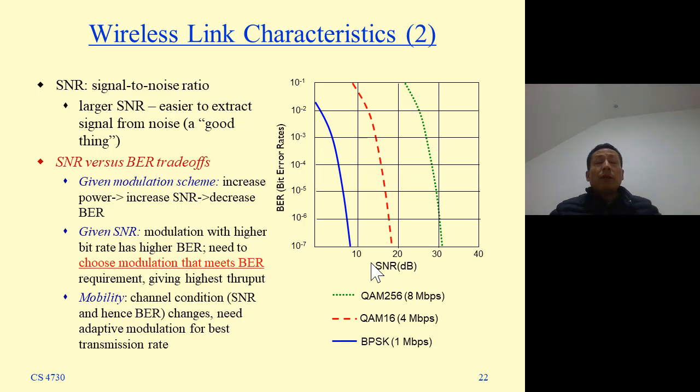If we are using some fixed modulation technology, the bit error rate can also change, right? When the signal is good, it's a lower error rate. When the signal is bad, it's a higher error rate.